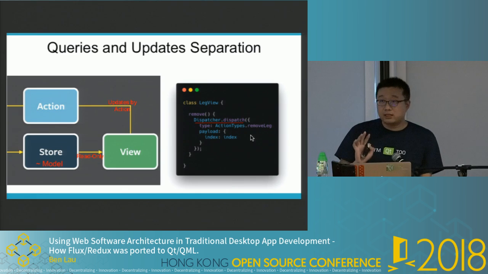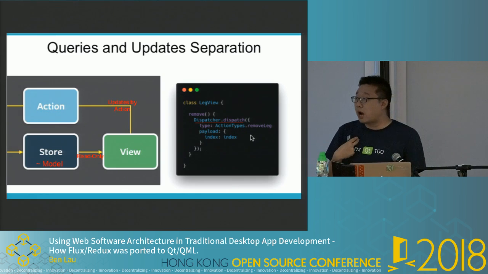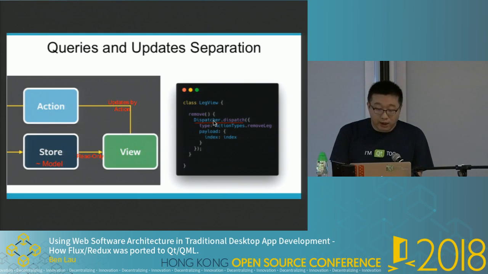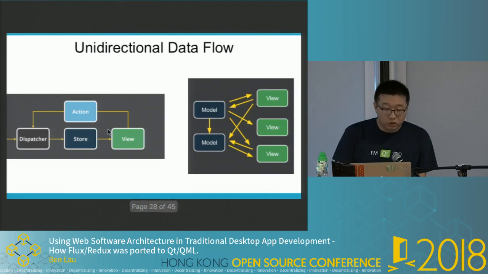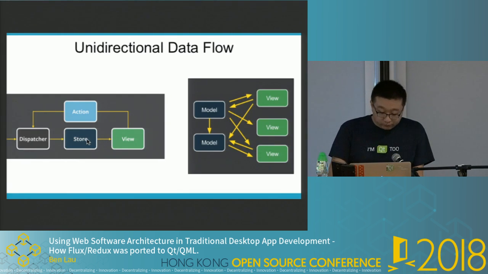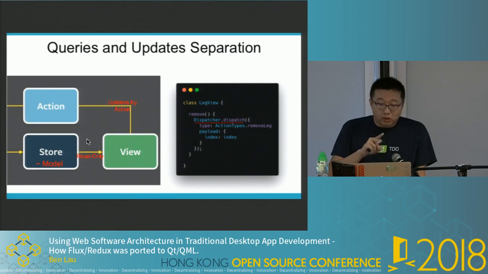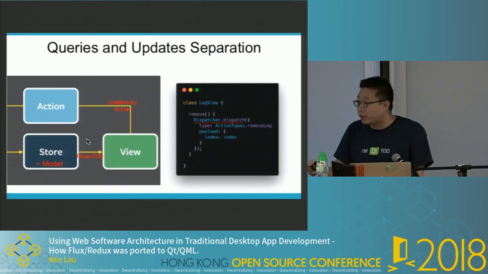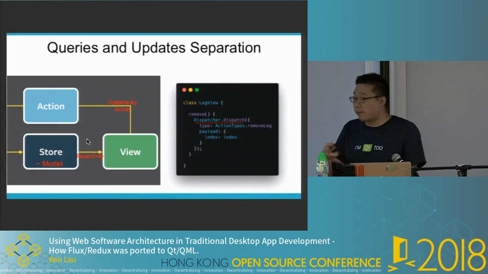The action is in fact a message telling what I want to do, more like a command, the command in CQRS, and then it is sent through the dispatcher. And then the dispatcher will tell the store, hey, somebody wants to update you. So therefore, the query and update are separated. It is a very important concept in Flux.